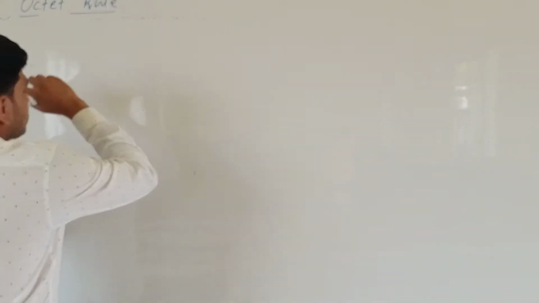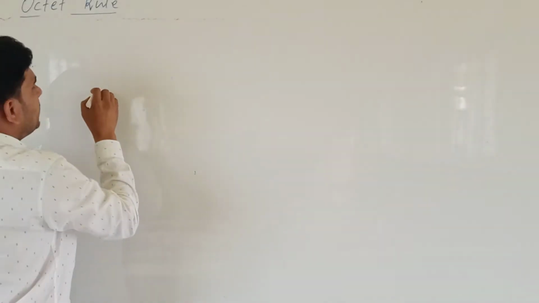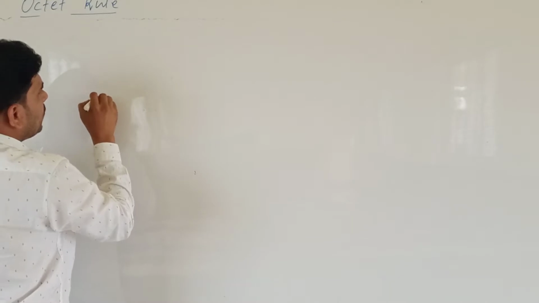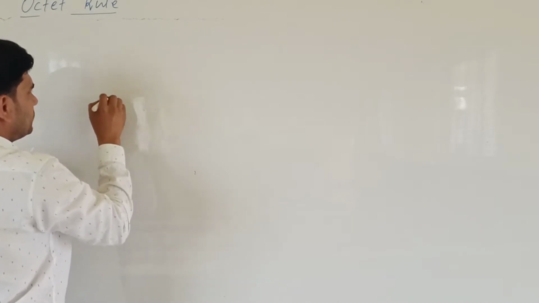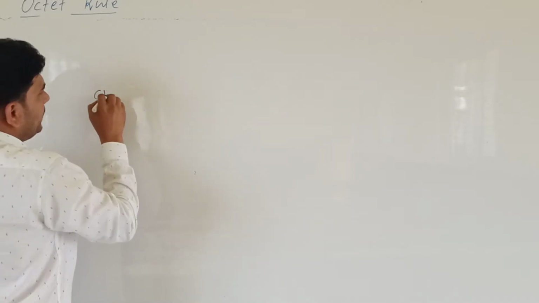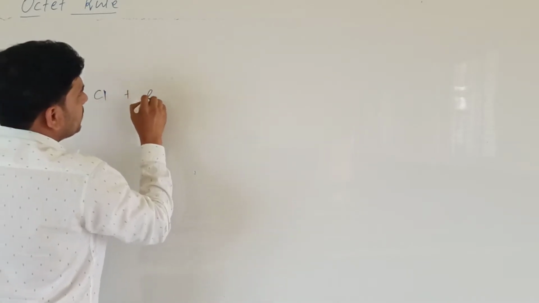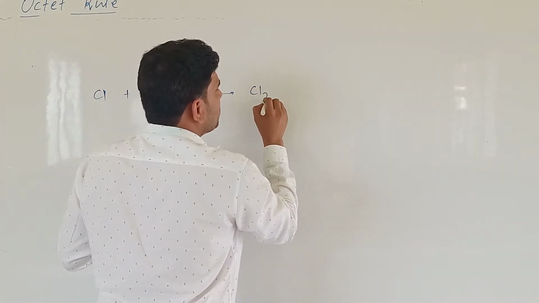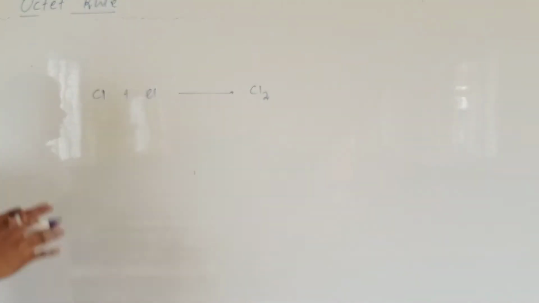See, for example, if you consider any element, for example, chlorine. Chlorine combines with chlorine atom to form chlorine molecule. Cl2 molecule is formed. How is this molecule formed?